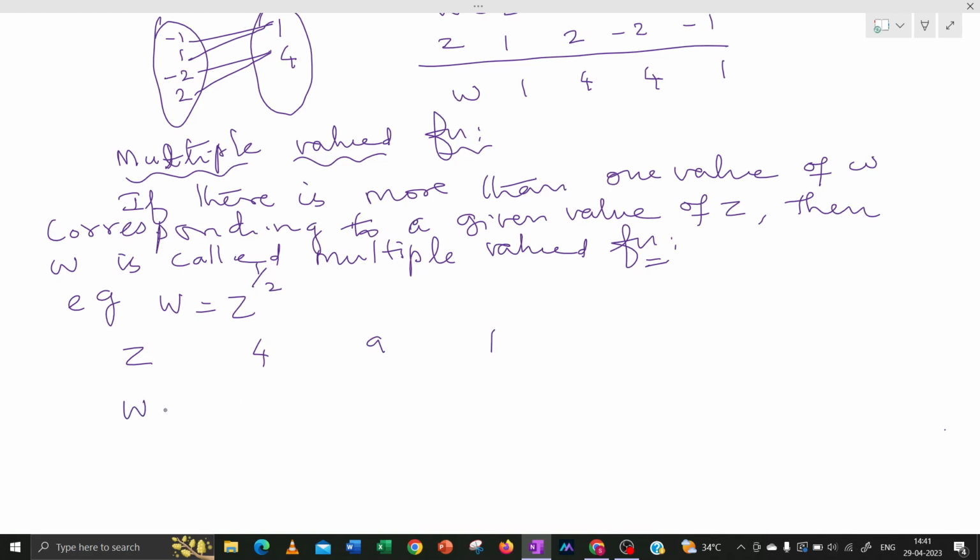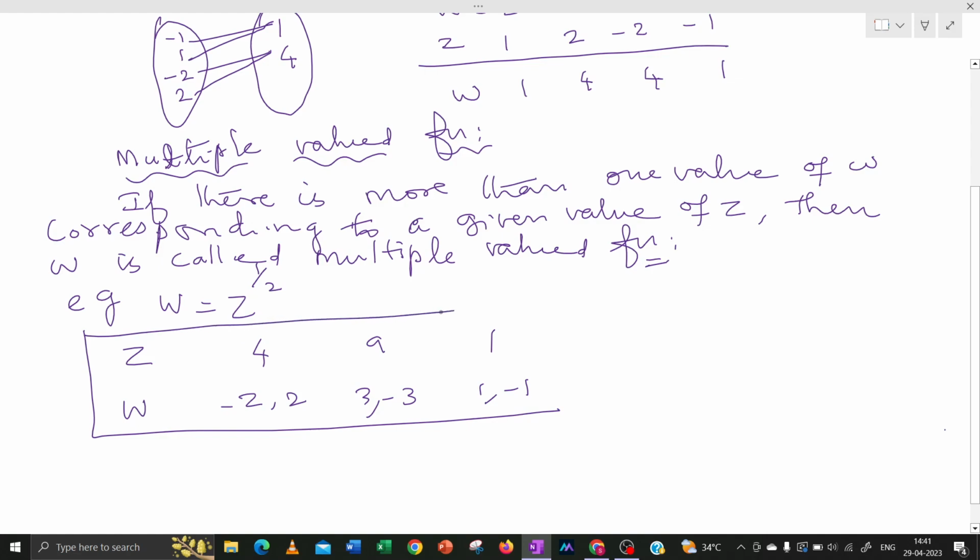For these values, w is minus 2, 2, 3, minus 3, 1, minus 1, like that. So this type of function is called a multiple valued function.